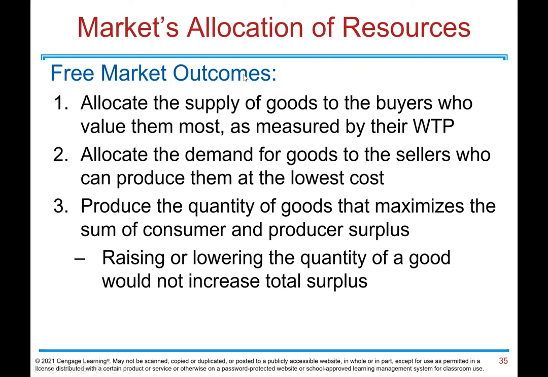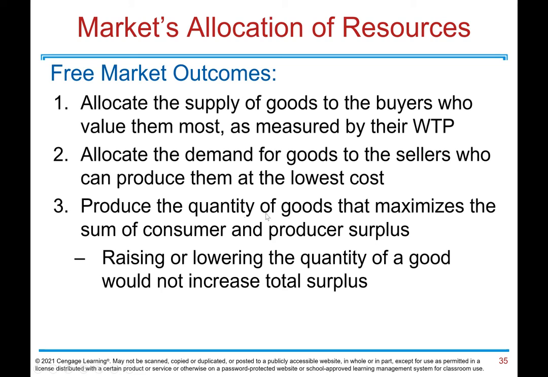Market's allocation of resources. 1. Free market outcomes allocate the supply of goods to the buyers who value them most, as measured by their WTP. 2. Allocate the demand for goods to the sellers who can produce them at the lowest price. 3.